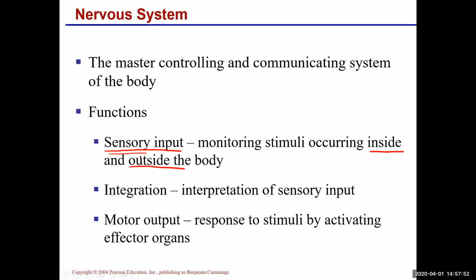Again, think about all your senses: touch, hearing, vision, taste, smell. All right, so those are all sensory inputs. In order to sense things, you need to bring these types of signals into the processing center, which is also known as integration.